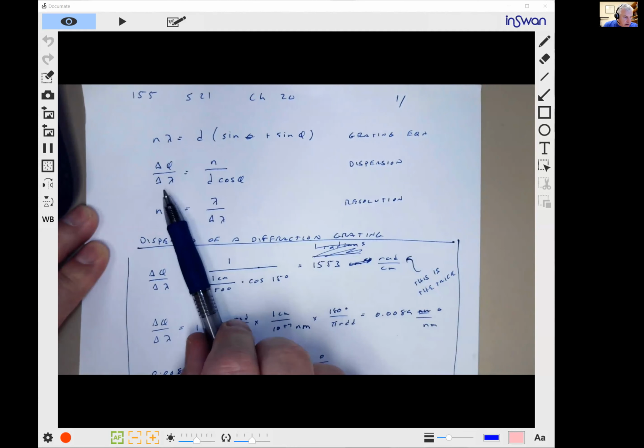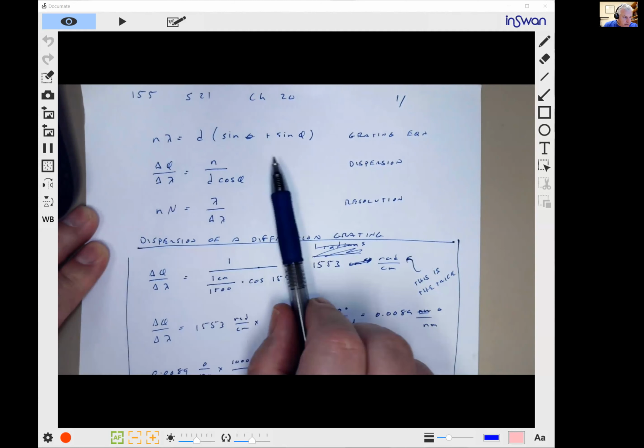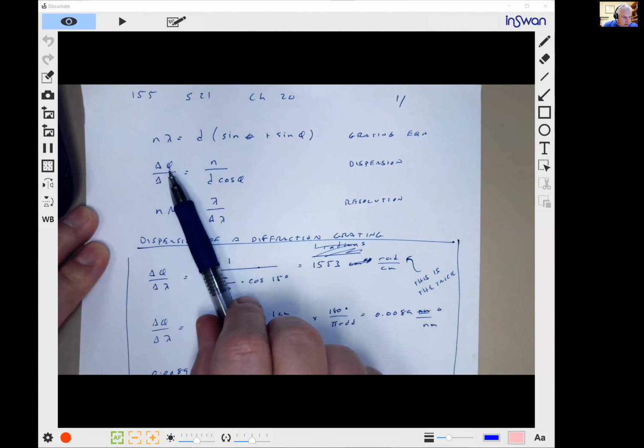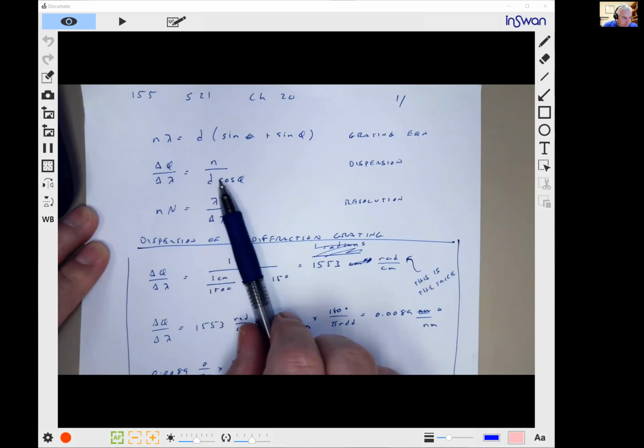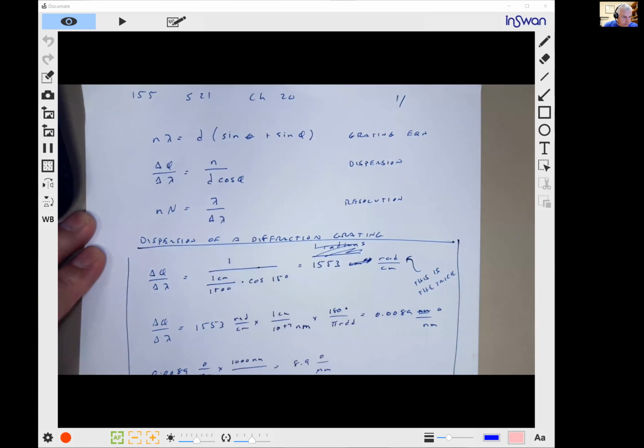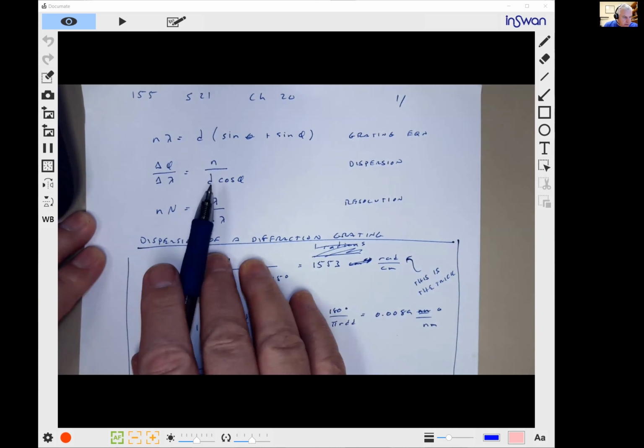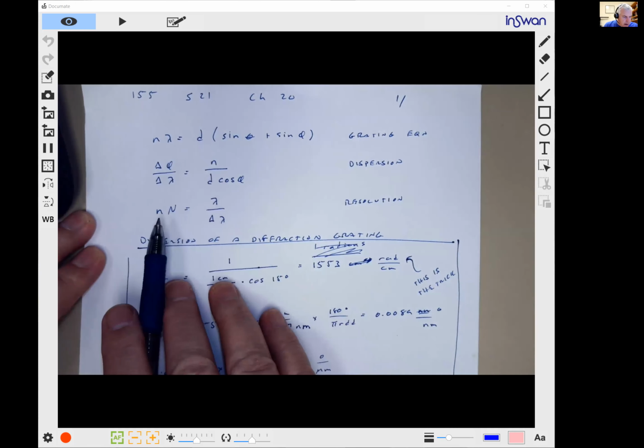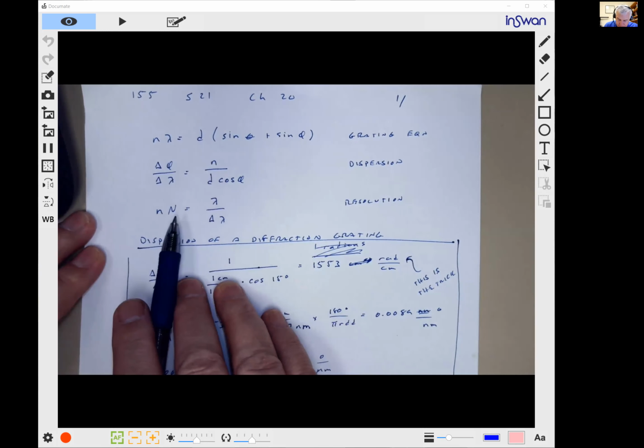There's the dispersion, d phi by d lambda, which is equal to n over d cosine phi, and this tells you how spread out the wavelengths are. And then there's another one, which has to do with the number of illuminated blazes.